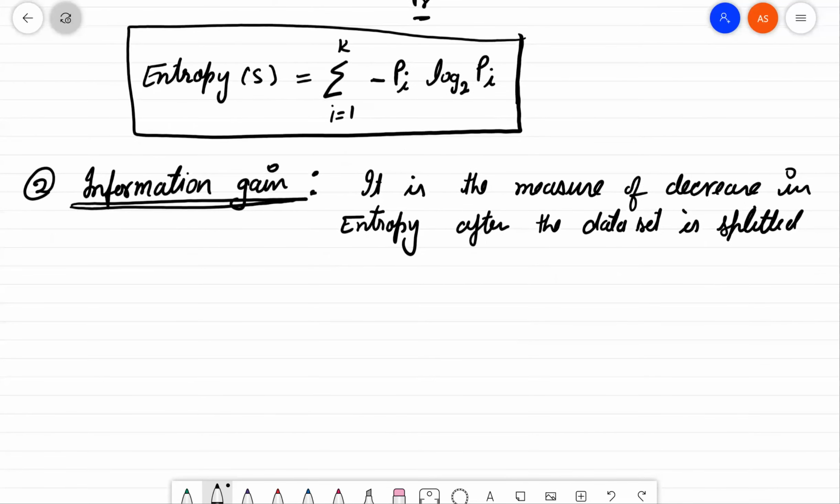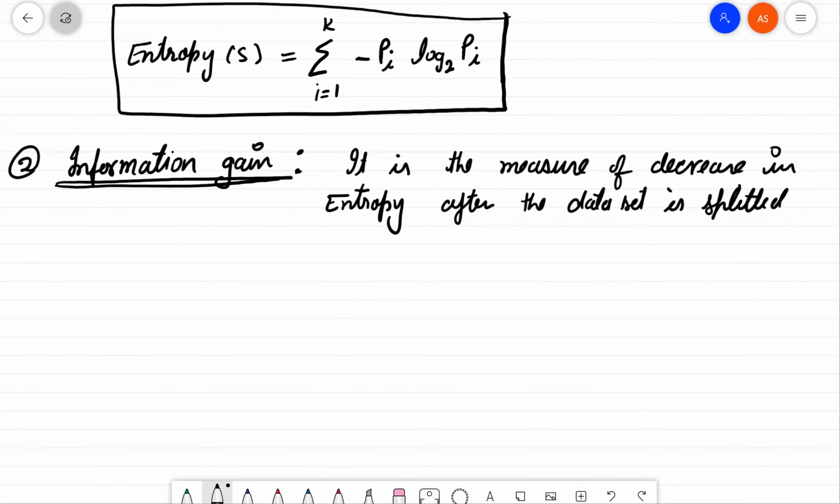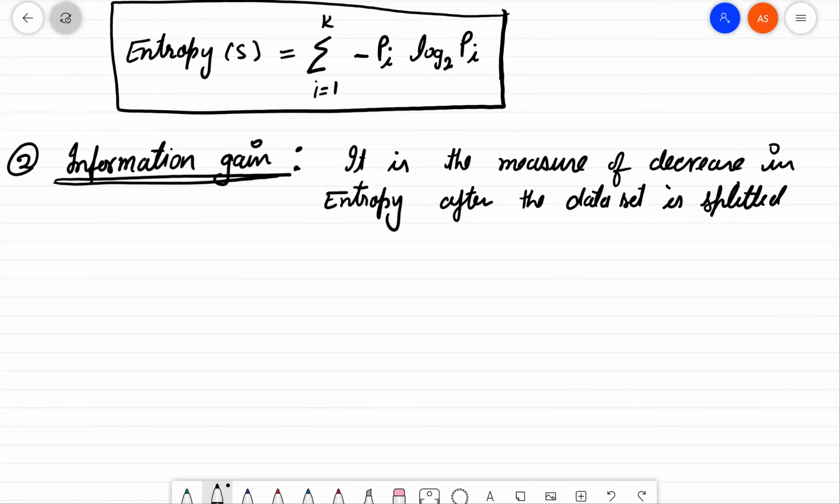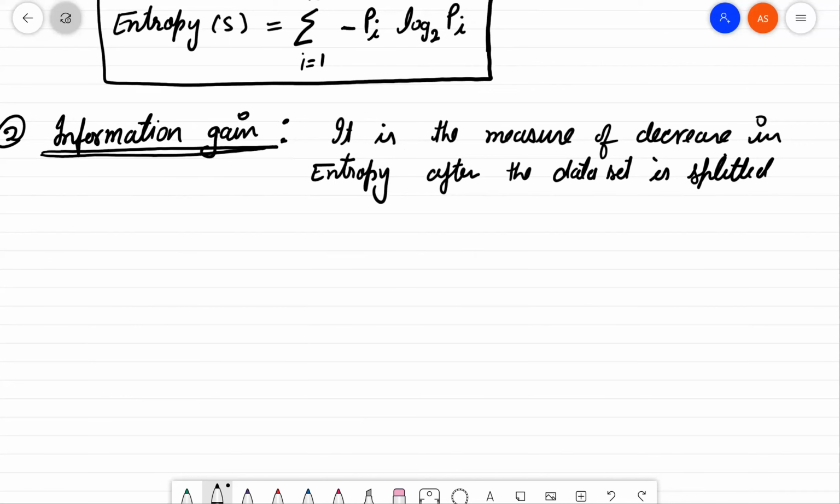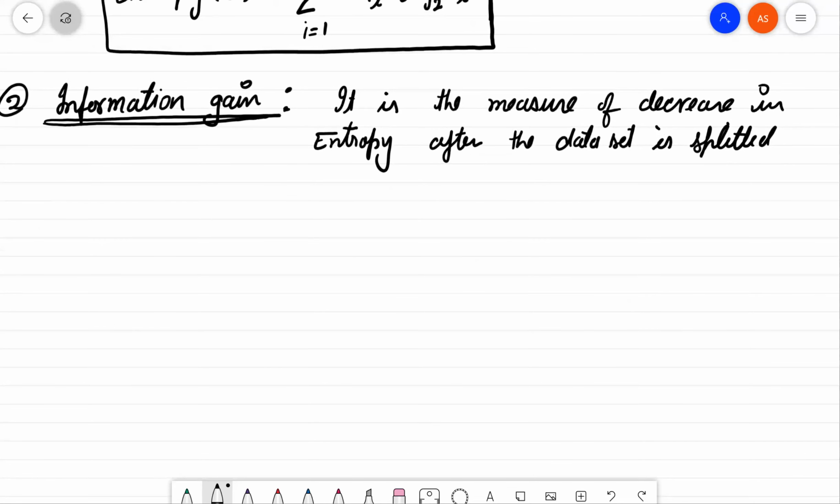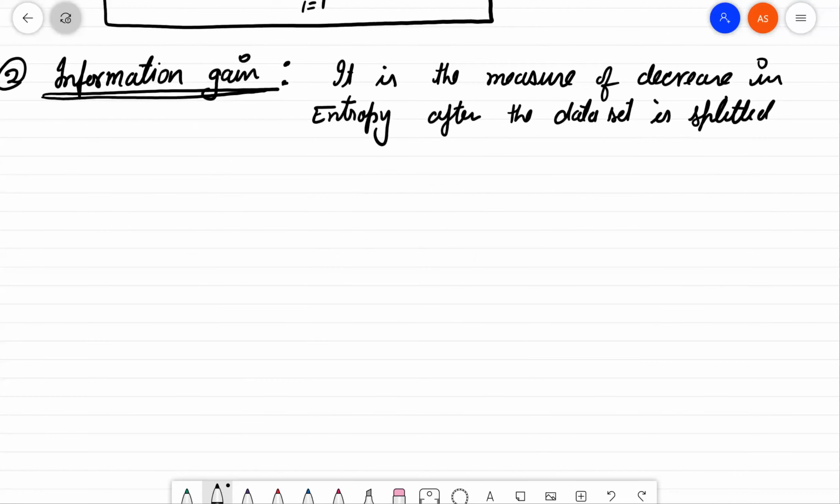And after calculating the information gain for each attribute, we will check which attribute has the highest information gain. The attribute which has the highest information gain will be chosen as the attribute for further splitting.